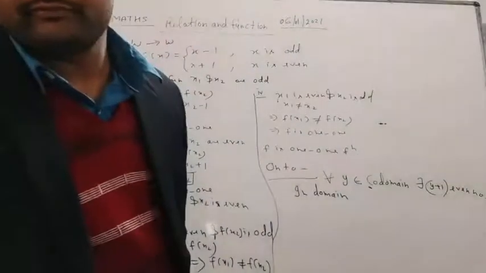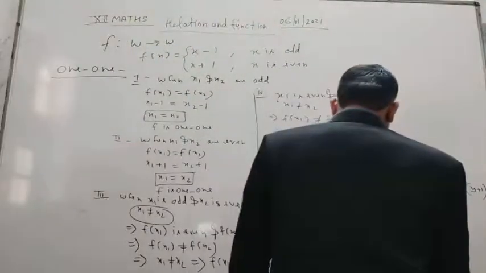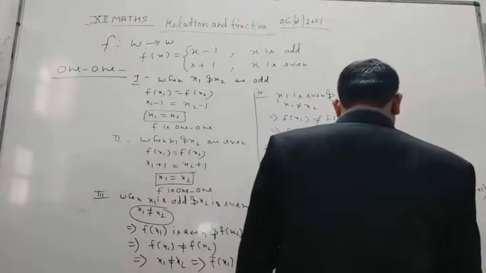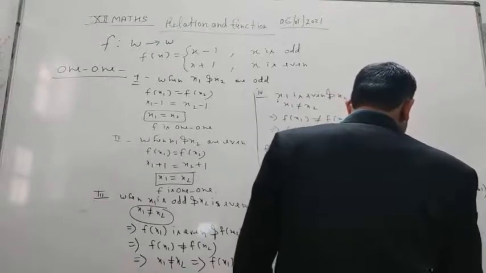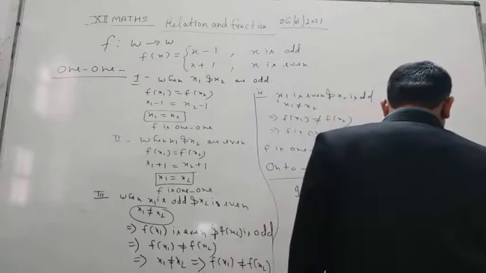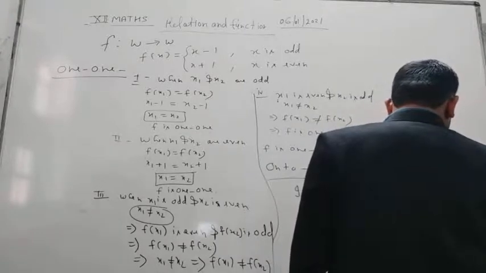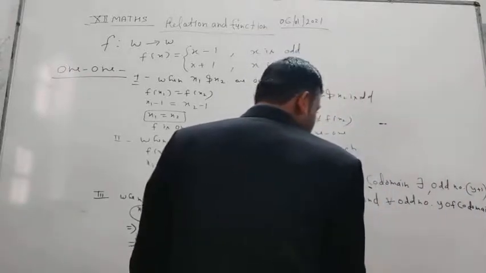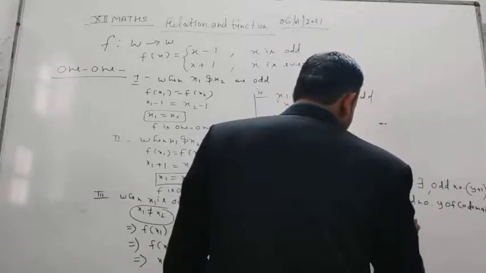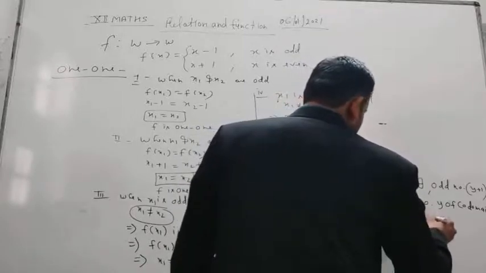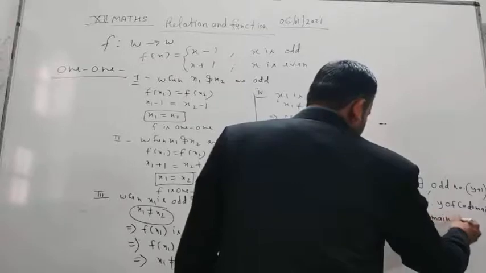Okay, so for every odd number y of codomain, there exists an even number y minus 1 in domain.